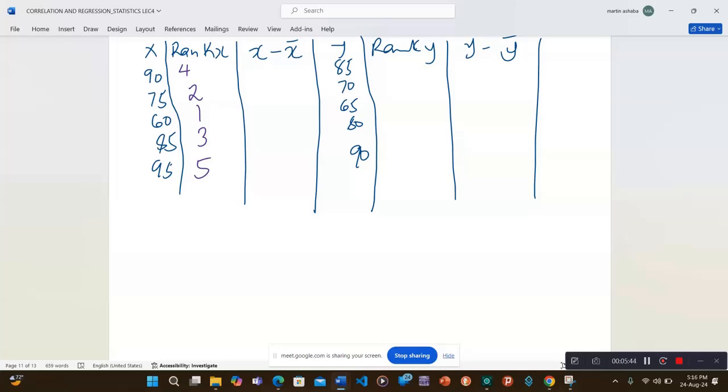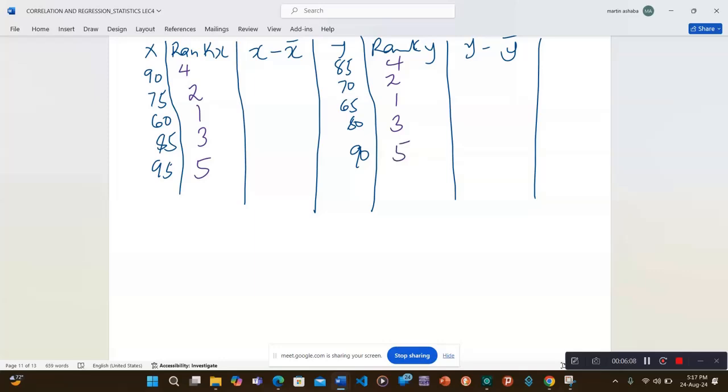Then I also need to get the rank here. The smallest is 65. 70 is number 2, then 80 is 3, then 85 is 4.